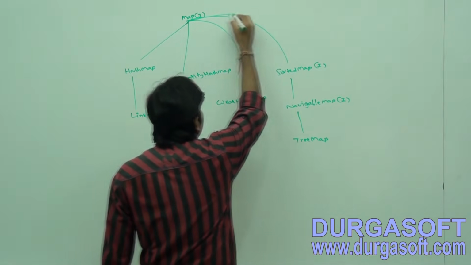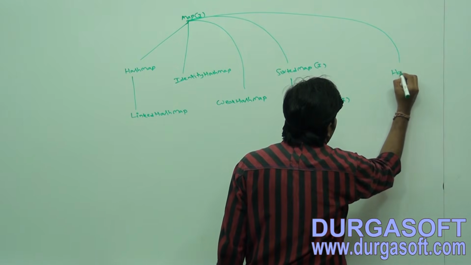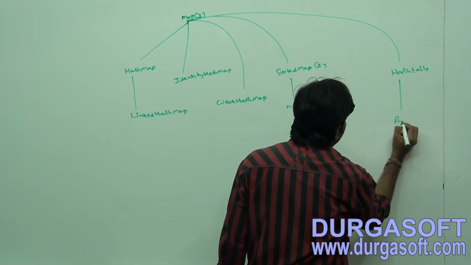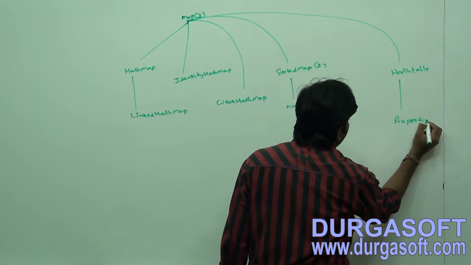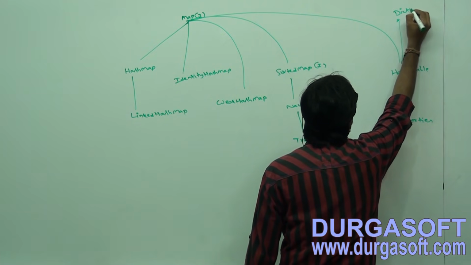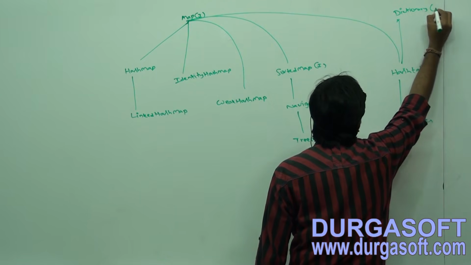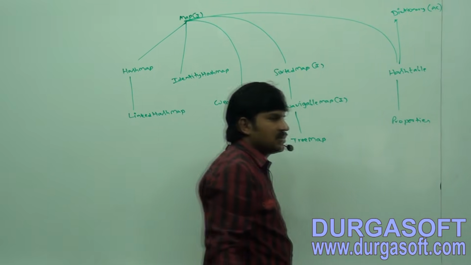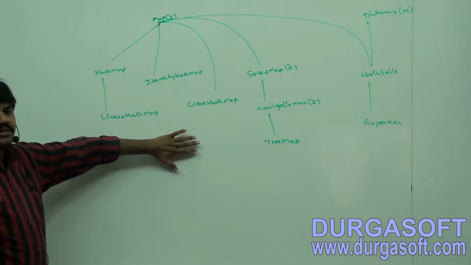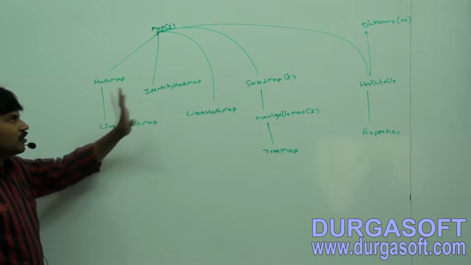After completing this, we have to talk about Hashtable and then Properties class. Of course, Hashtable is the child of Dictionary, which is an abstract class. We won't discuss anything about that because abstract classes we are not going to use. So this is our agenda related to Map terminology.